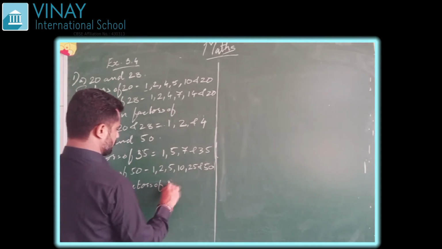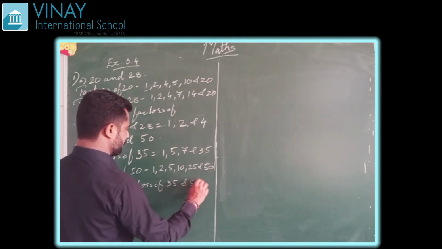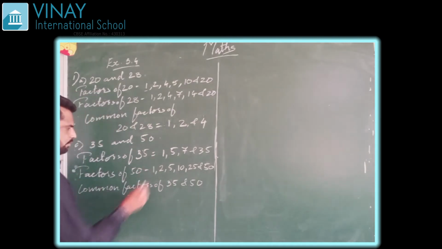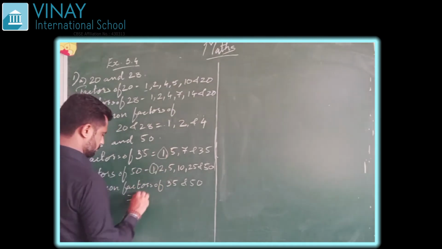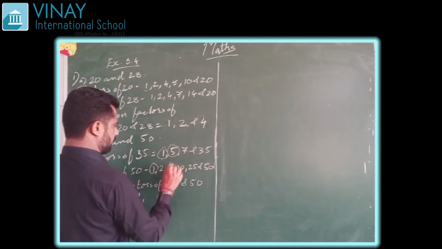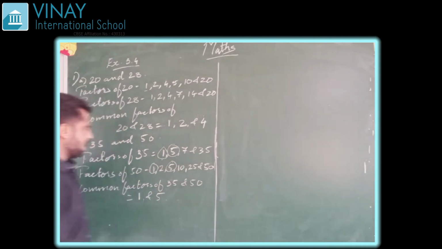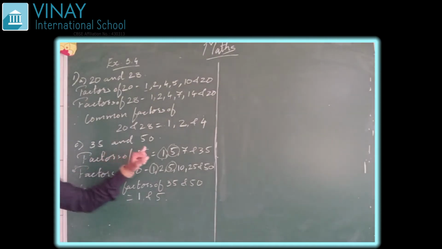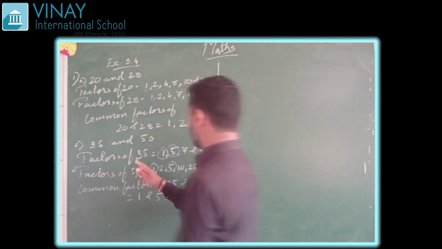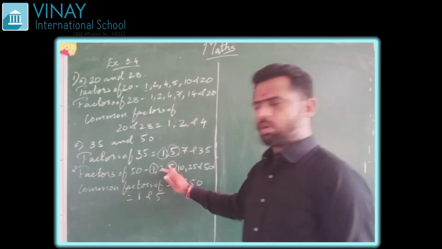So the common factors of 35 and 50 are 1 and 5.